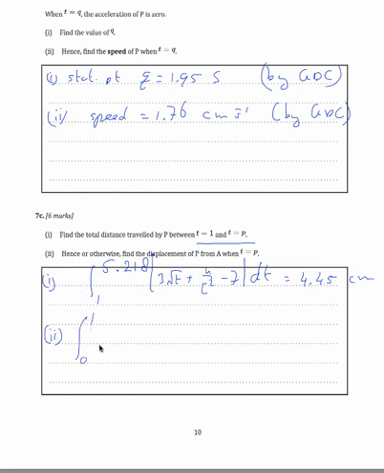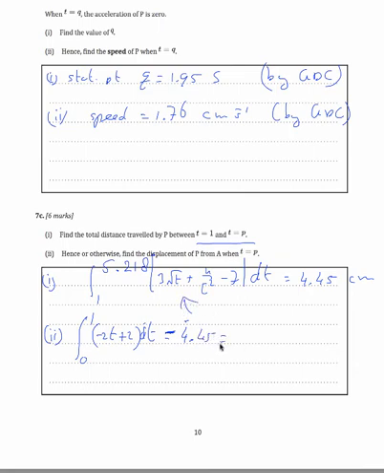From 0 to 1, minus 2t plus 2 dt, and I'm not going to strip out any sign, I want to have the net area, so I'm going to leave everything in. I already know what the second part is, minus 4.45.